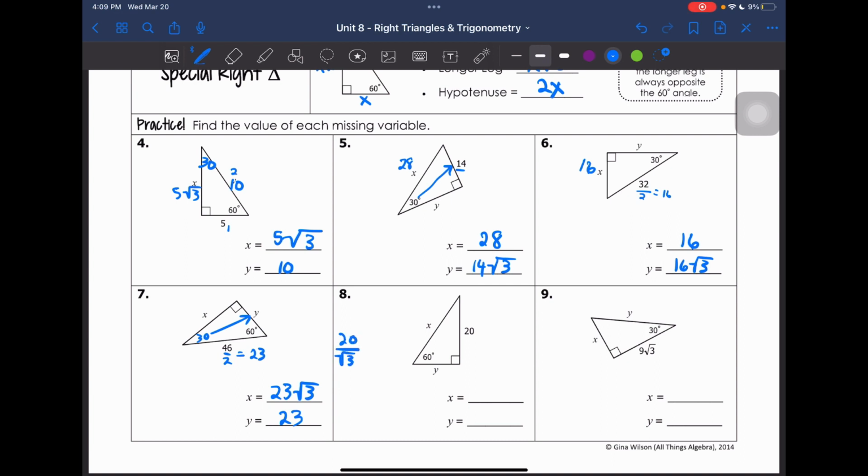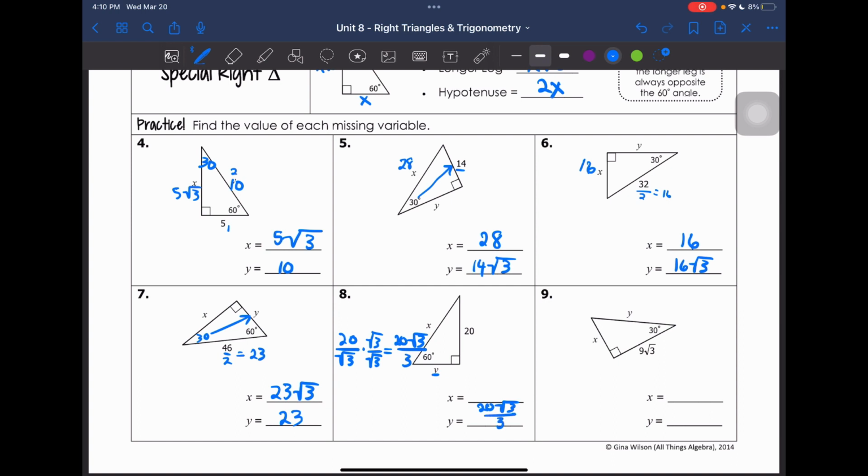If I'm dividing by a square root, I have to rationalize it. So I need to multiply by a special form of 1, which in this case, I'm going to use root 3 over root 3 so that I can get rid of the square root on the bottom. So I'll end up with 20 root 3 over, and then root 3 times root 3 just simplifies to 3. So that is what my shorter leg is, my y. So I'm going to write 20 root 3 over 3.